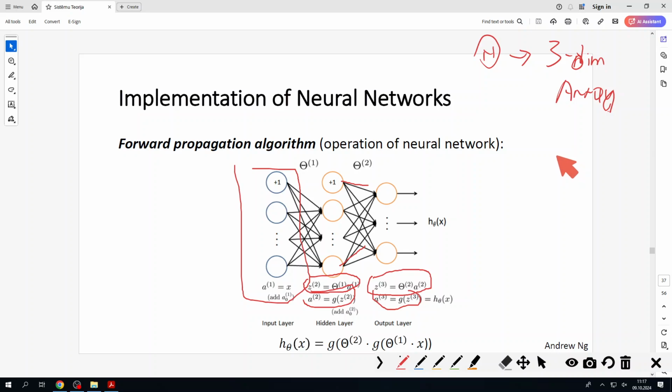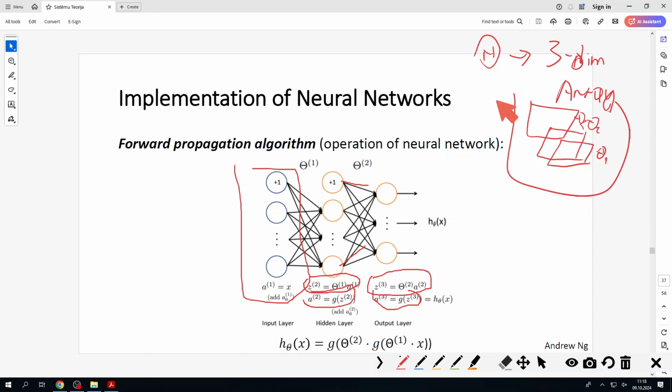Like, it can be displayed, I don't know, like this is theta 1 matrix, yes, which consists of rows and columns. Then you have on top of that an extra sheet theta 2, then you have theta 3, and so on and so on. So in total, this is a three-dimensional structure, like a stack of sheets, and each sheet of them is a separate matrix having rows and columns, yes? So the idea can be like that.